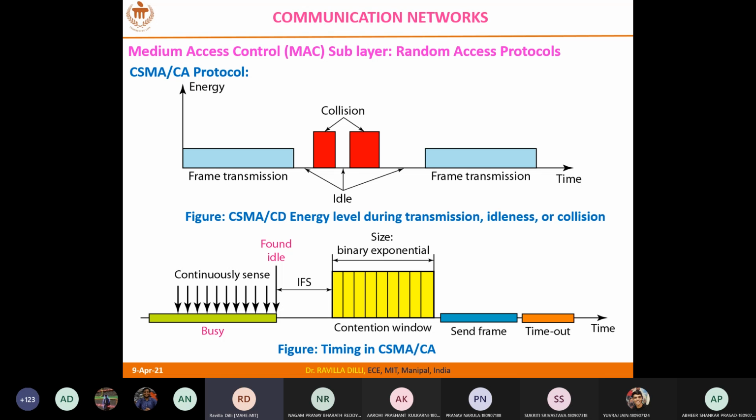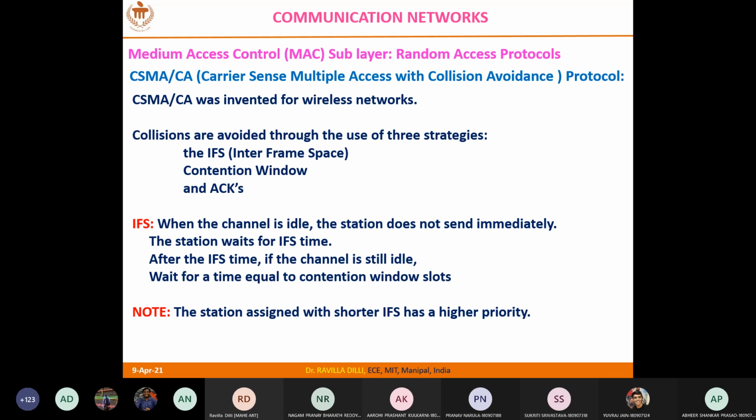So here the main difference is that the waiting time, even after the channel looks idle, before going for frame transmission, you are waiting. That waiting time is defined in two ways. One is the first stage, interframe space time, and the second level of waiting is in terms of contention slots. So this is CSMA/CA. So that hopefully tries to avoid the collisions.